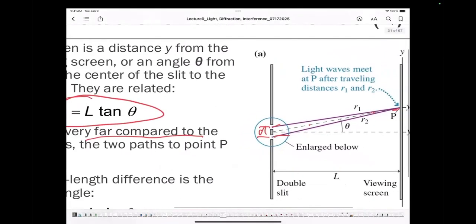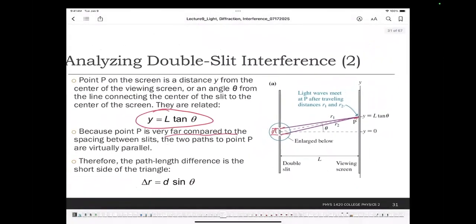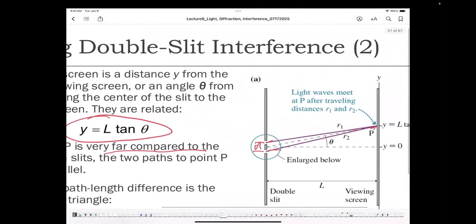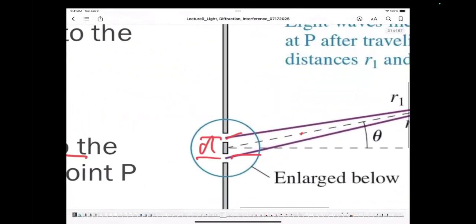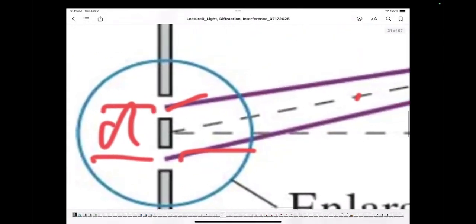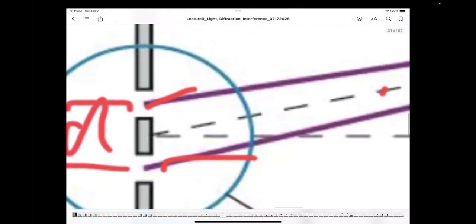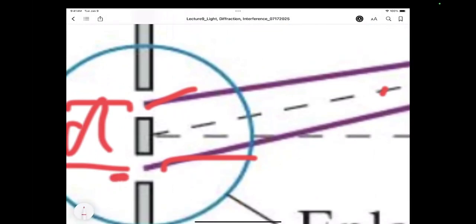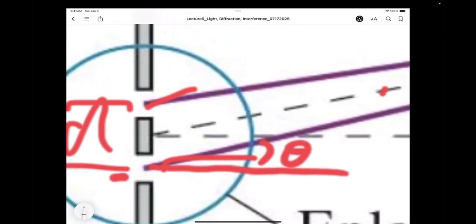Okay, therefore the path length difference is the short side of the triangle. Let's talk about why. Here is theta, those two paths are parallel, and this is d.